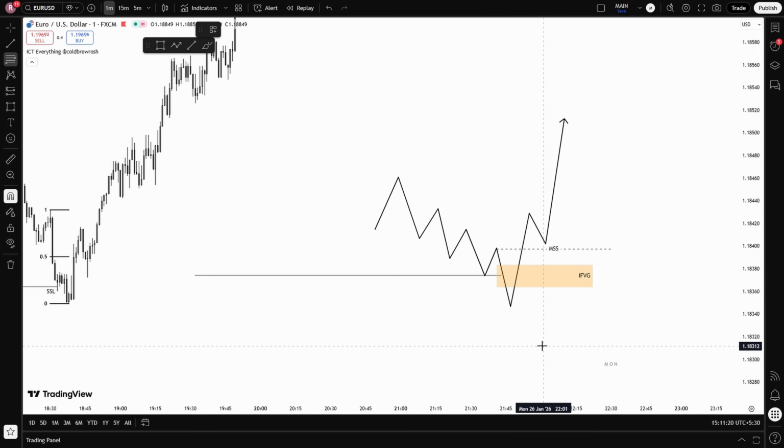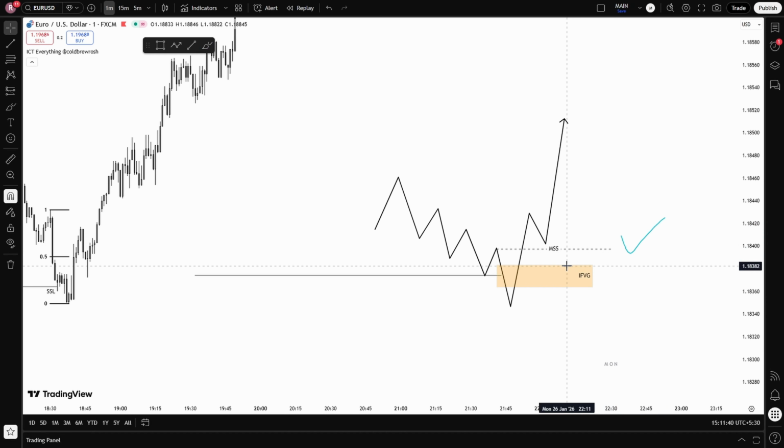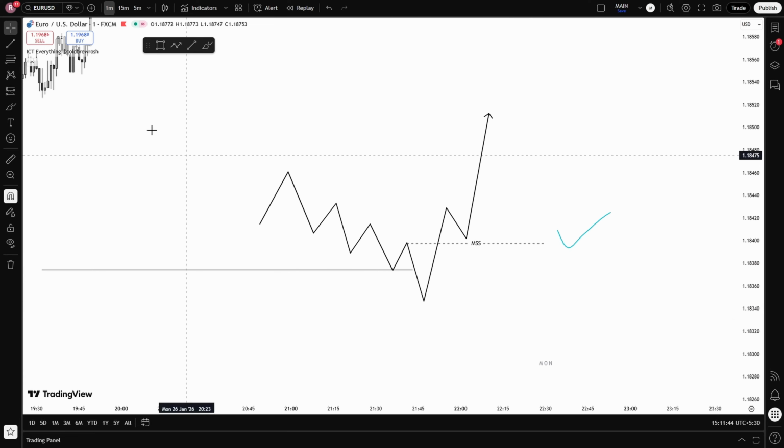For example, if you believe in market structure shifts for confirmation, then your displacement leg should be defined by that market structure shift. For me personally, I trust market structure shifts the most because they give strong and clear confirmation of intent. So in my case, the displacement leg starts from the point where the market structure shift begins and ends where that impulsive move completes.